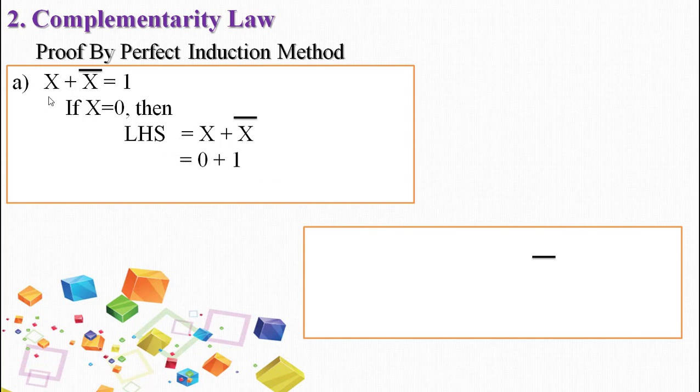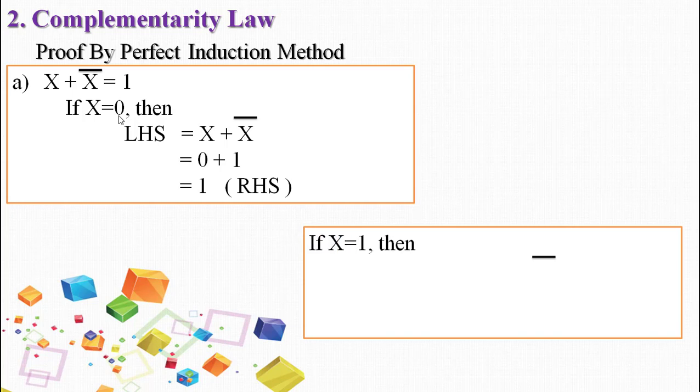Then substitute the value of x is equal to 0, x will be 0. The complemented value of 0 will be 1. So you need not substitute 0 there, you should substitute the complemented value of 0. So it will be 1. So 0 plus 1 is 1, that is equal to the RHS. So we are proving the RHS with the help of x being the value 0.